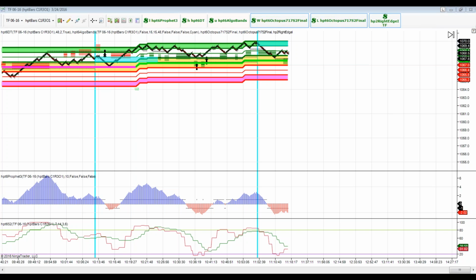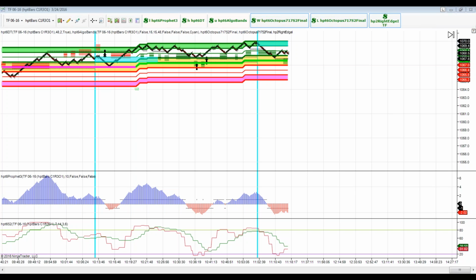Oh, also, keep in mind, today I'm going to be sending out new HP bars. These will be HPT Bars N and HPT Bars C3N.